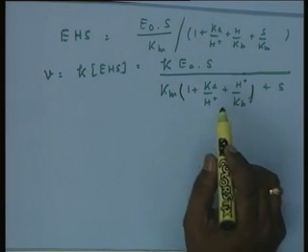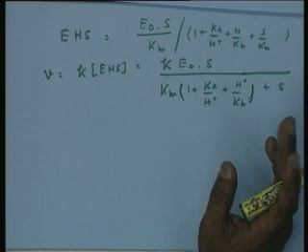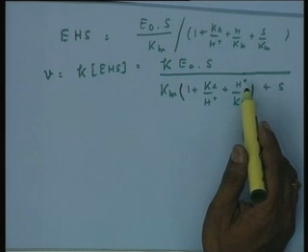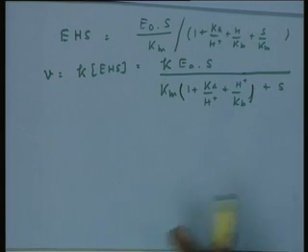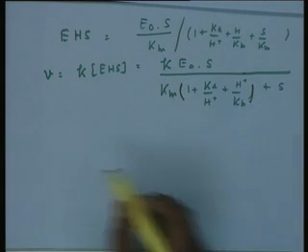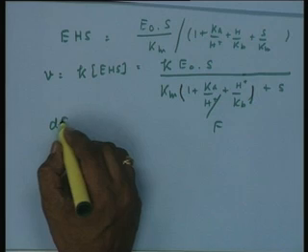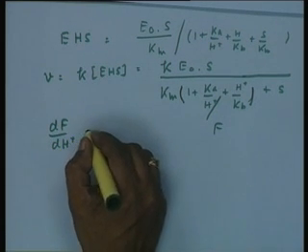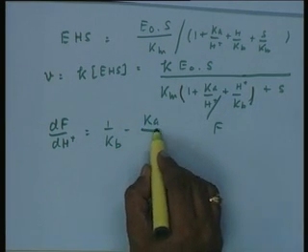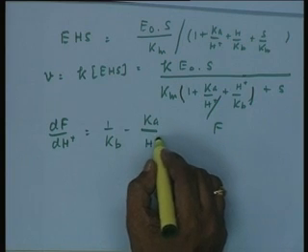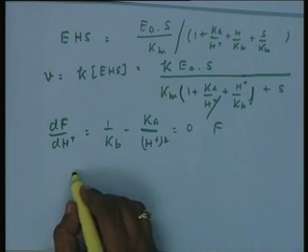Essentially, this parameter will pass through a minimum as the hydrogen ion concentration is varied, and you can get the minimum value by simply differentiating with respect to hydrogen ion concentration. If we denote this function as f, df over dH will be equal to 1 upon Kb minus Ka upon H square.